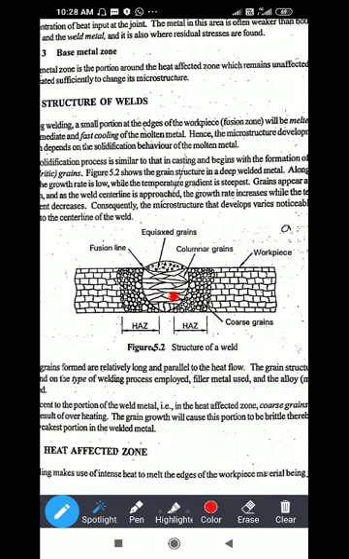Then what happens is, as soon as the temperature starts to reduce over there, the hot liquid metal, or the molten metal, starts to cool. When the metal starts to cool, it starts to solidify.